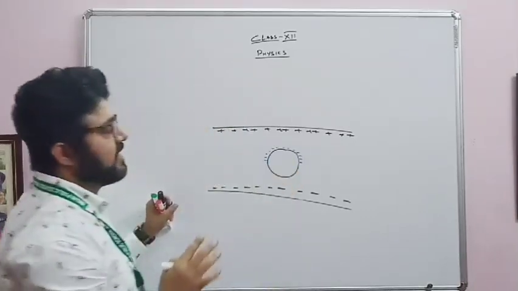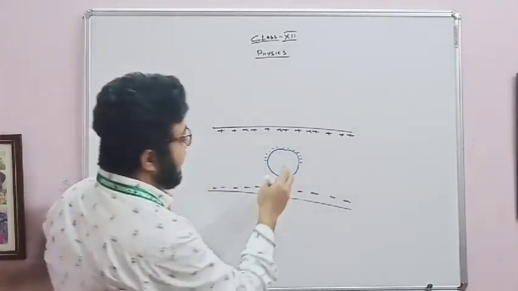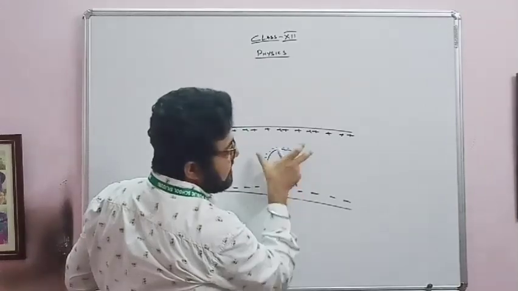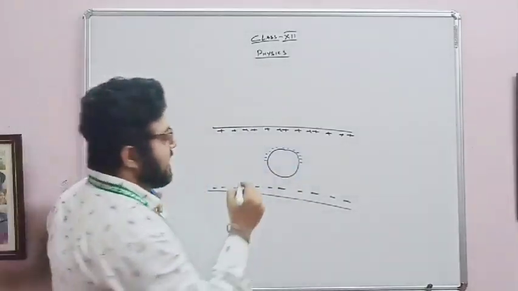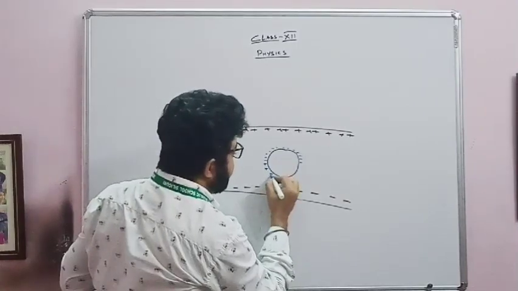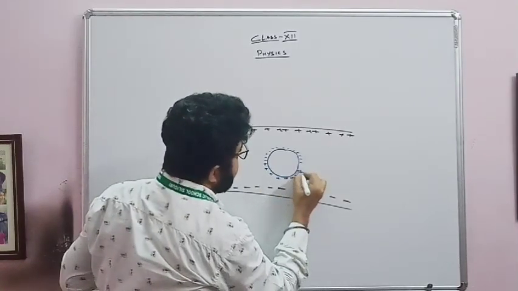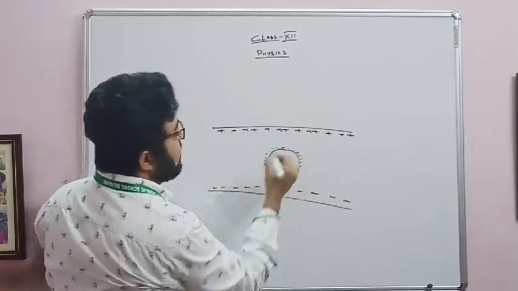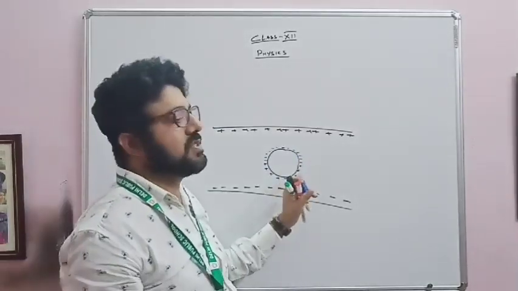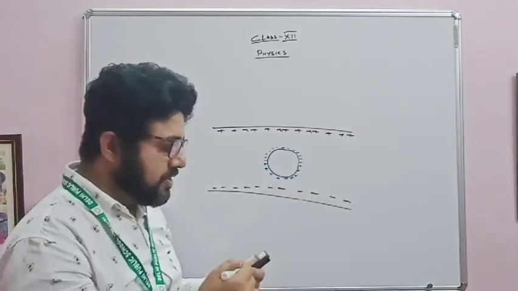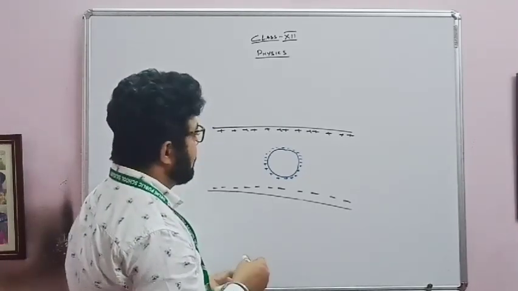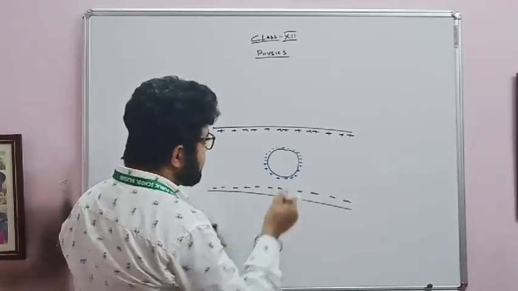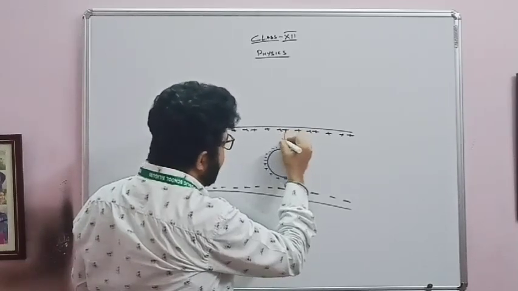So this one is the negative part, and as all the electron clouds are shifted to that side, the other side has a deficiency of electrons, and deficiency of electrons means positively charged. And if you see one more thing, if this one is minus Q and this one is plus Q, overall it is neutral.